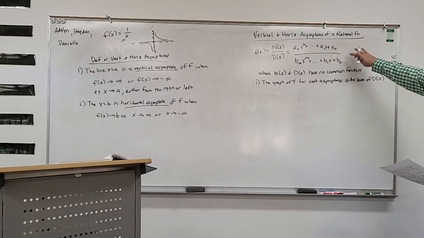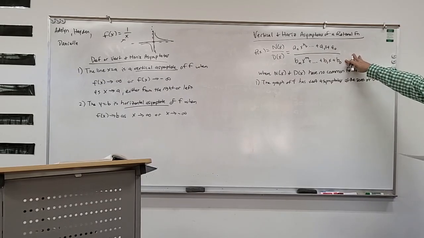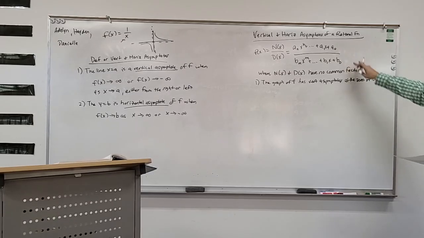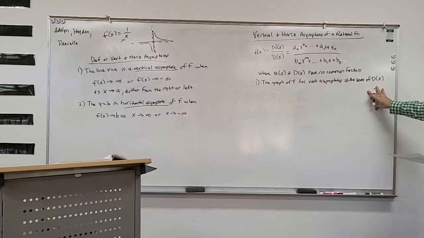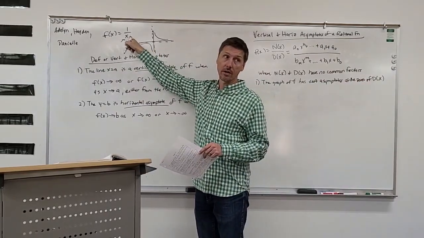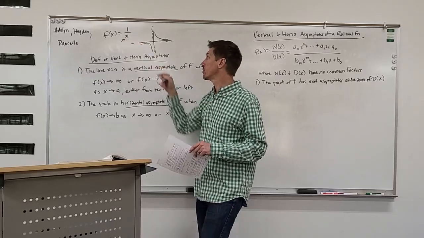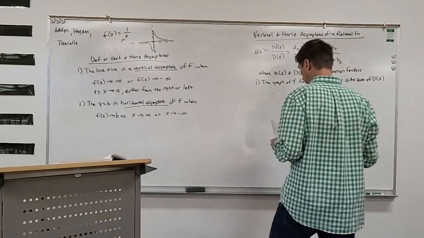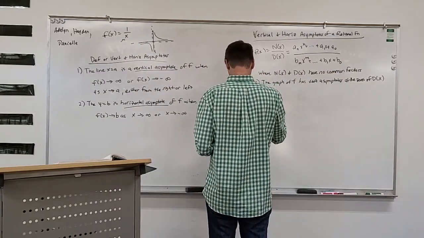So we can find the zeros for d of x, for the polynomial that's on the bottom, and whatever the zeros are for that, those are going to be our vertical asymptotes. Which is exactly what we found here. The only zero we have for this is 0, and that's where our vertical asymptote is for f of x. I mean, for the inverse function.